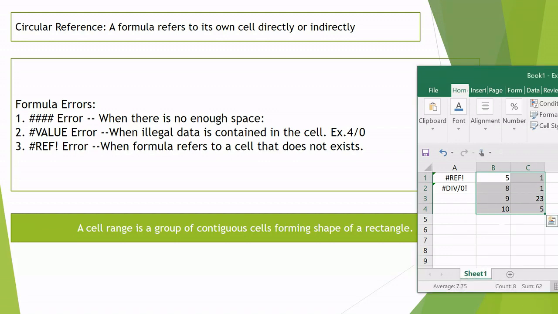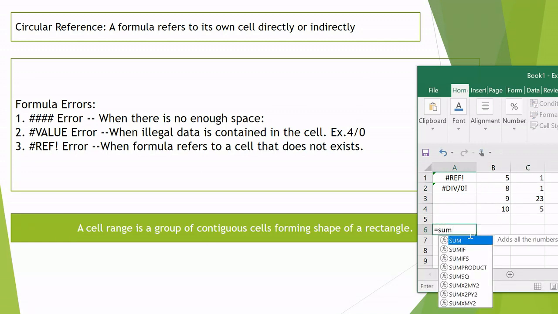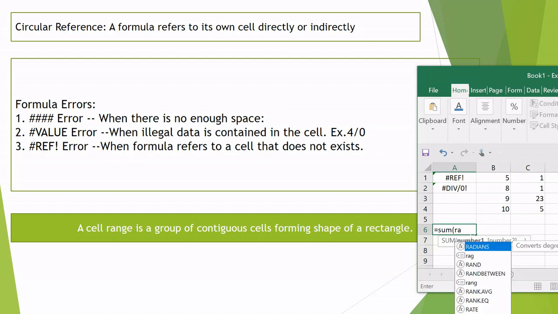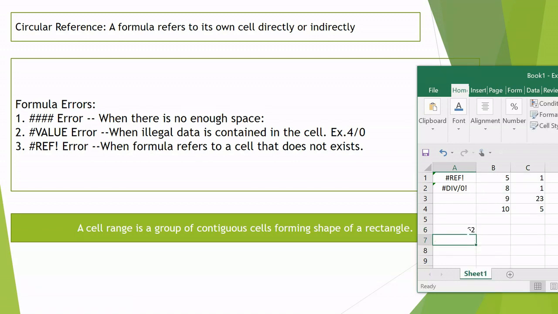This is the name given to the range. Now for a formula or something, I can use it. If I am using a function, I can use the range that I want, RANG, and I want to do addition of everything. It will give me the answer.